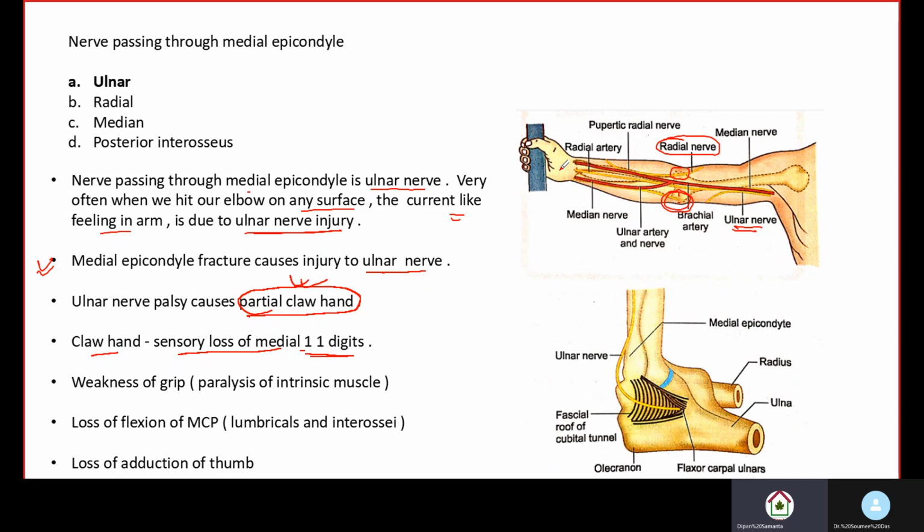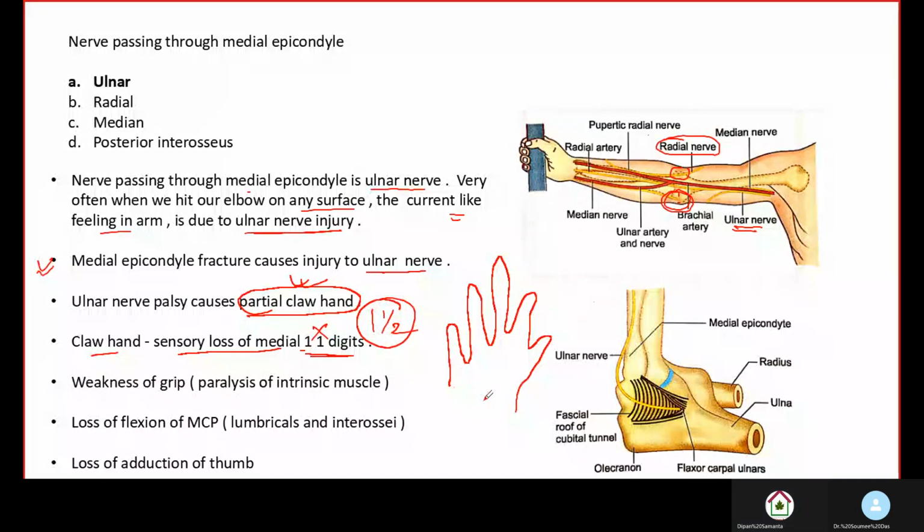Okay, so claw hand. In claw hand, what happens? Sensory loss of medial 1.5 digit, okay? Rough estimation is up to this.